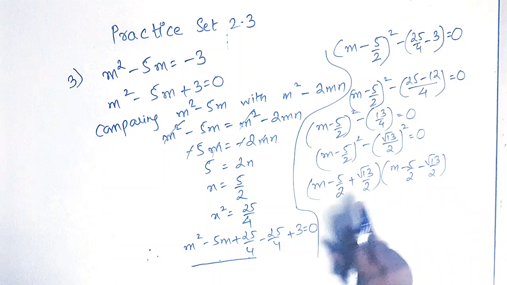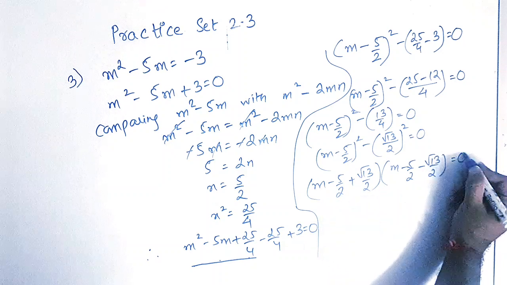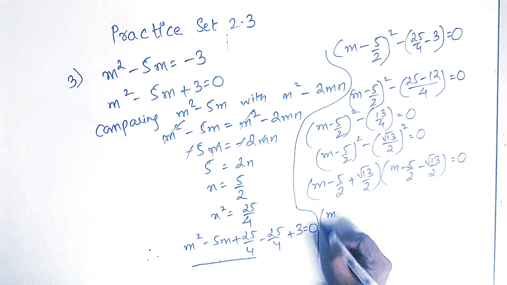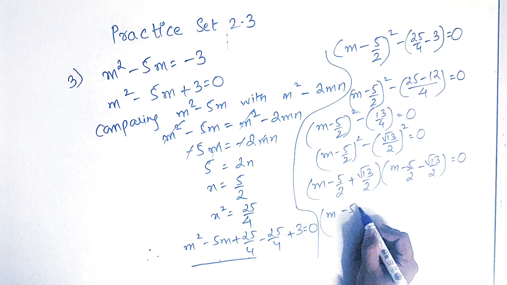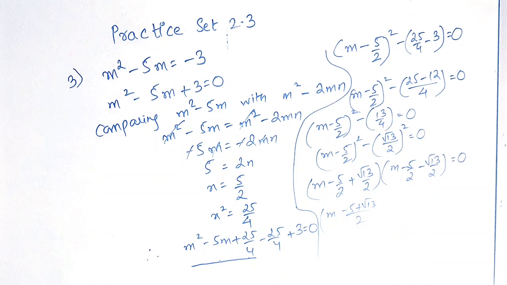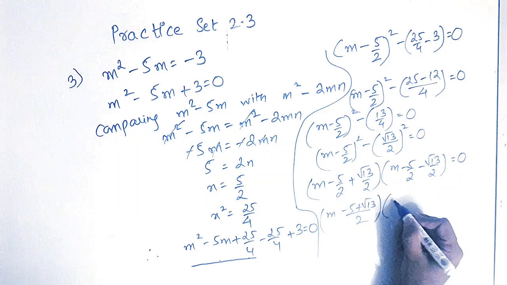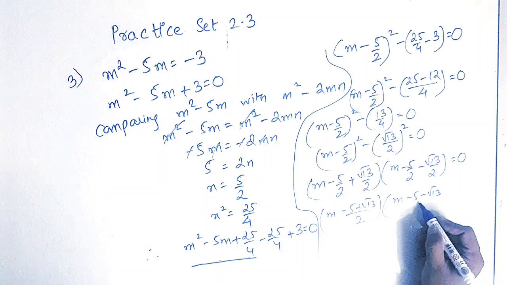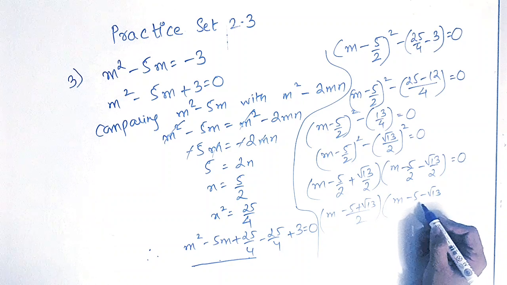Okay, a plus b, a minus b equals 0. Then let us try to solve this. m minus 5 plus root 13 upon 2, okay, and this is m minus 5 minus root 13 upon 2, okay.